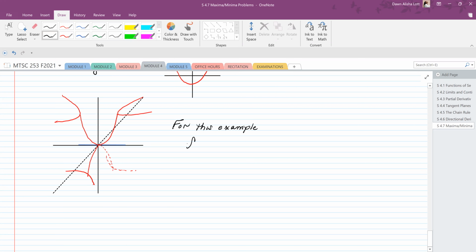you have f of xy is y squared minus x squared. F sub x is negative 2x. F sub y is 2y. And if I set that equal to 0, I get the point 0, 0. But it's neither a max nor a min.